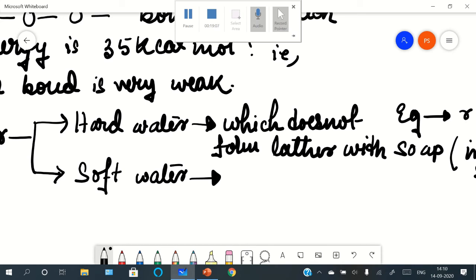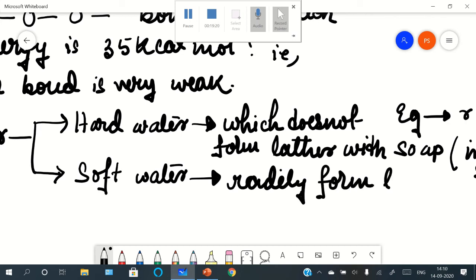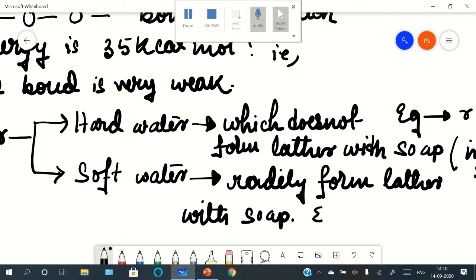The opposite of hard water: that water which readily forms lather with soap. Example: distilled water.